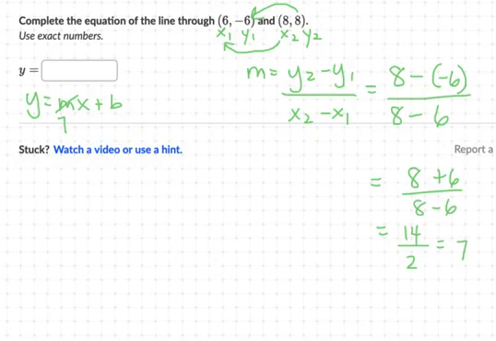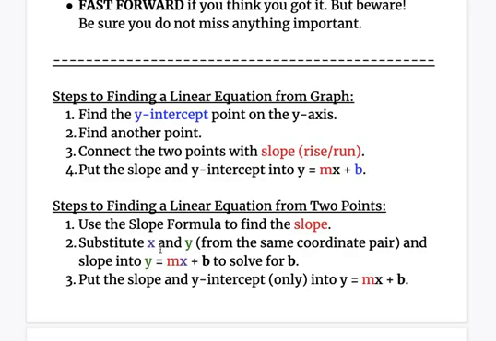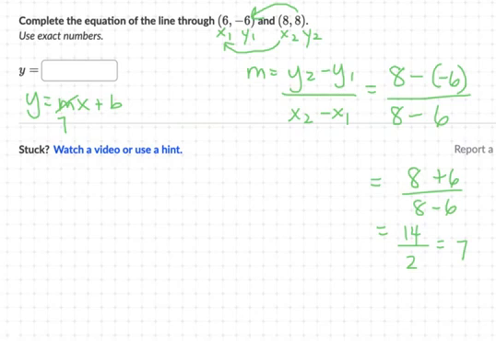So our slope is 7. So we have one piece of the puzzle now. Now we're going to substitute our x and our y from the same coordinate pair to solve for b. So what that means is I can use either the x and y from 6, -6 or 8, 8. I'm going to choose 8, 8 because those are both positive. But either way, it could work. So let me show you what it would look like if you substituted it with 8 and 8. So this becomes, instead of y, we're putting down this y value, which is 8.